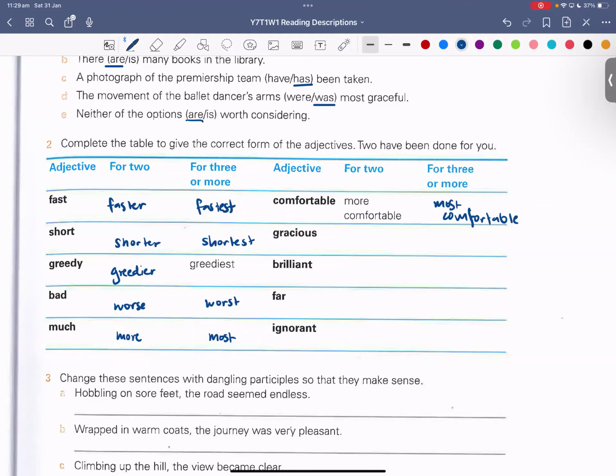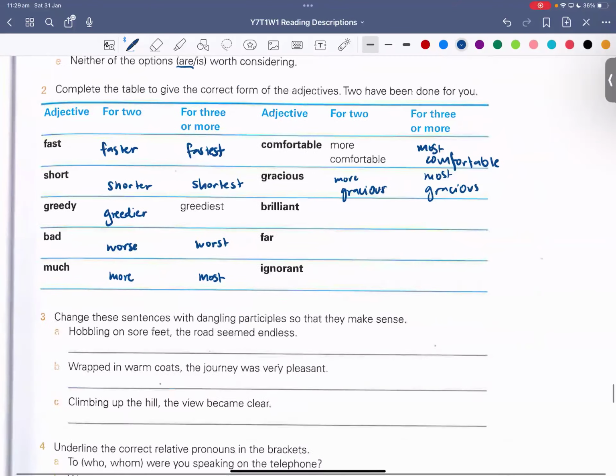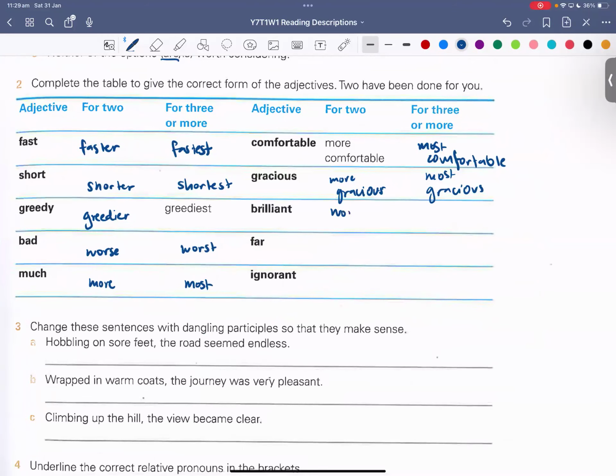Okay? Next person for gracious. More gracious. And then most gracious. Similar thing here. Yes. What about for far?